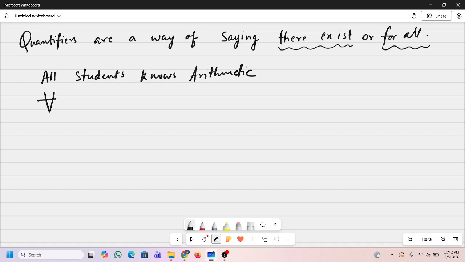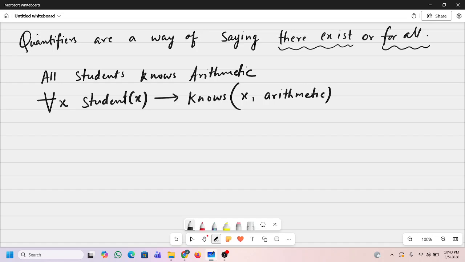For all, because it is all, then x, let us take a variable x, and student(x), if x is a student. So what we mean is: for all x, if x is a student, it implies knows(x, arithmetic). Here knows(x, y) means x knows y, so knows(x, arithmetic) is read as: x knows arithmetic.